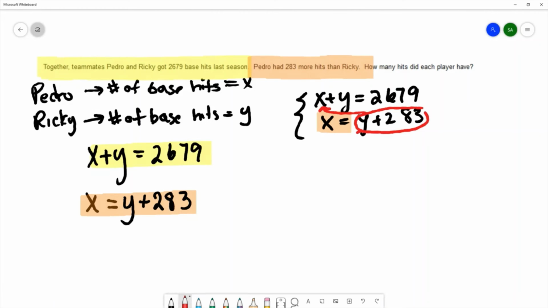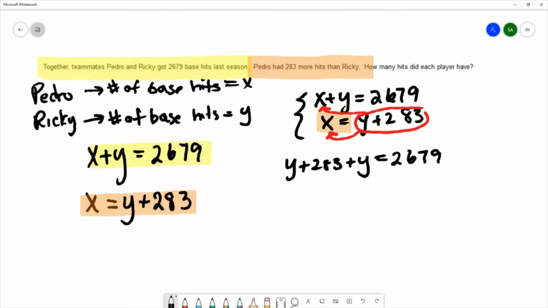I'm substituting in for x because this equals x. And that will give me the equation y plus 283 plus y equals 2,679.